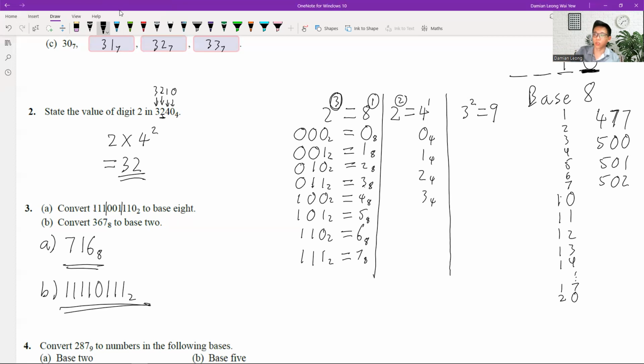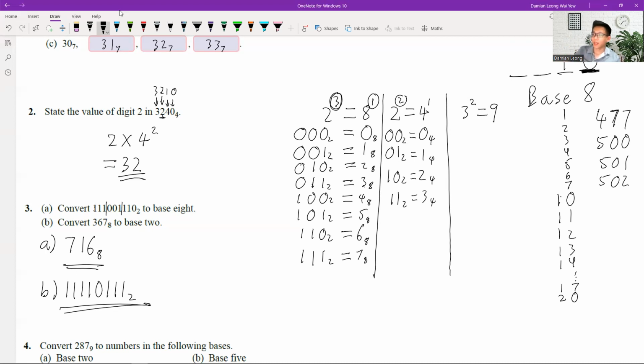It only goes up to 3. So 2 digits, 0, 0, 0, 1, 1, 0, then 1, 1. Okay. So the 0, 1 I convert to a 1. Or from base 4 to base 2, then 1 I convert to 0, 1. Like that. Okay, same principle as this. But just that instead of 3 digits, it's 2 digits.